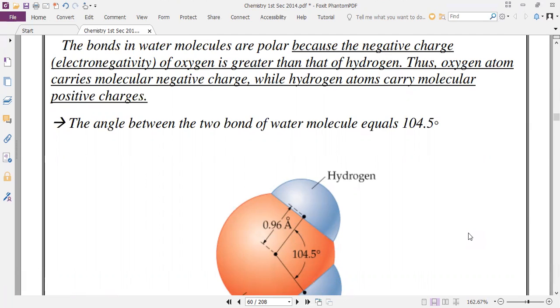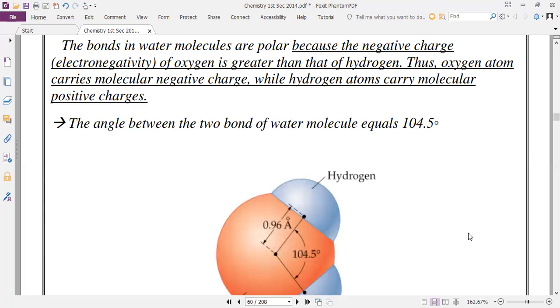Oxygen is found on the right side of the periodic table, while hydrogen is on the left, and non-metals on the right side have the highest electronegativity. Thus, the oxygen atom carries a partial negative charge, because it has higher electronegativity than hydrogen.